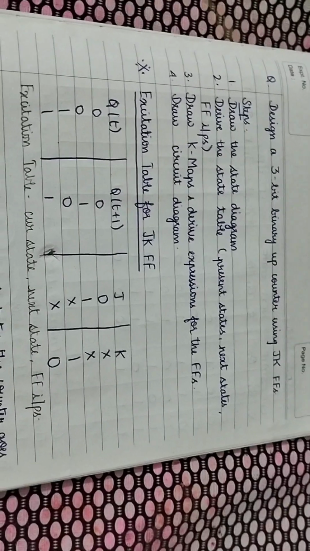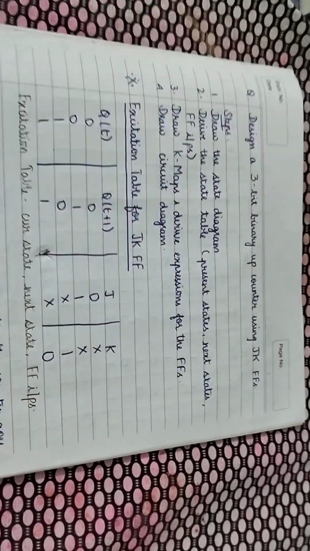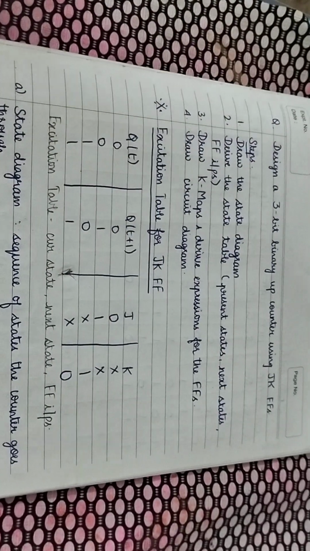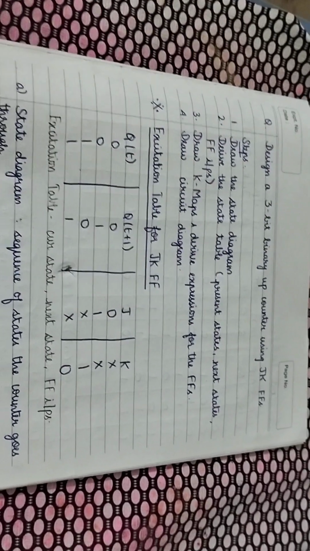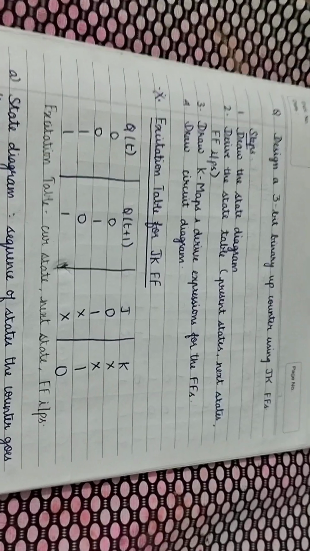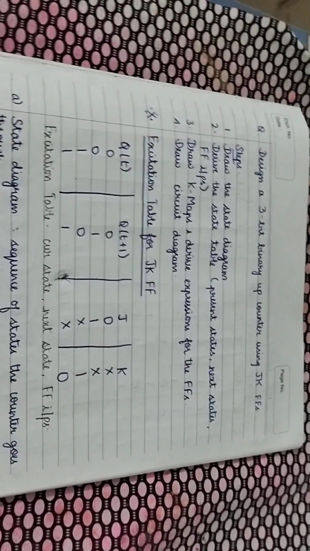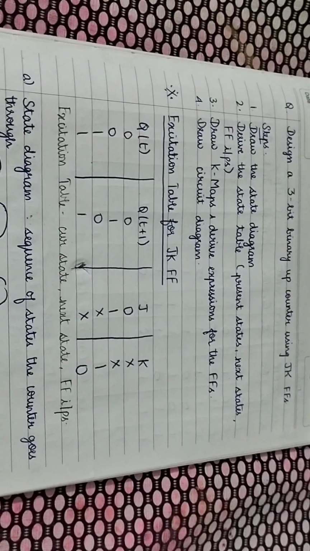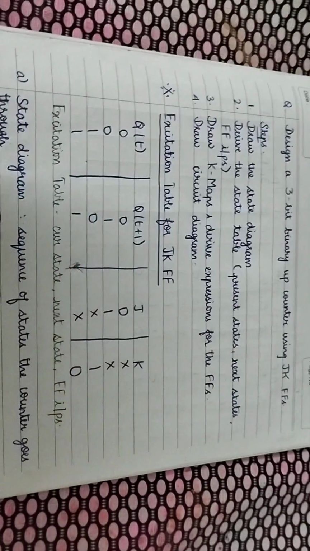If it's a 3-bit counter, you have 3 flip-flops. If it's a 5-bit counter, you have 5 flip-flops. Your task is to identify what are the input connections I have to give to each of the J, K, S, R, D or T values in each of the flip-flops. That is what we are trying to find out, and that is what designing the counter essentially means.